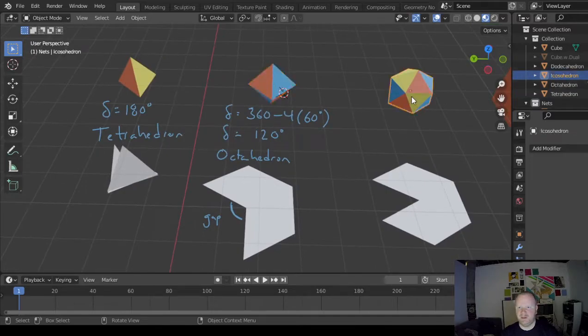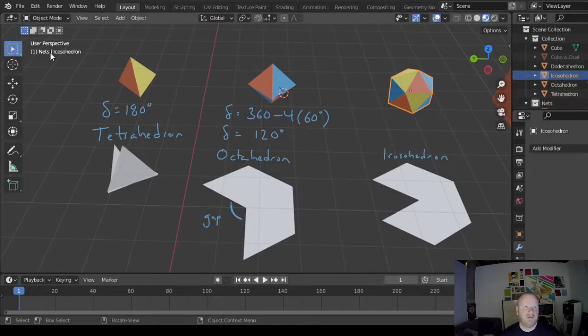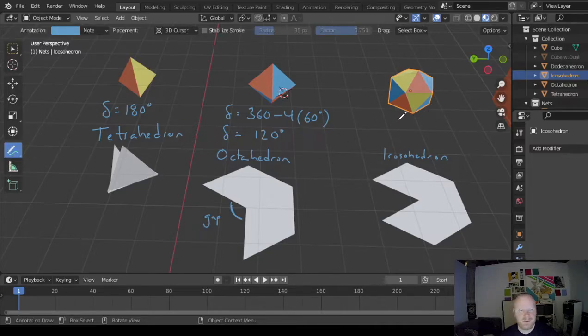Very similar situation with this next shape, which is the icosahedron. If we look at each individual vertex, we've got 1, 2, 3, 4, 5 equilateral triangles meeting at that point there.